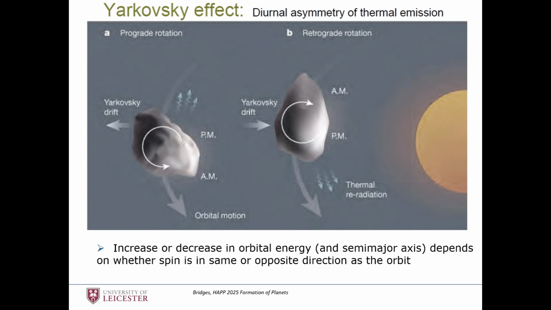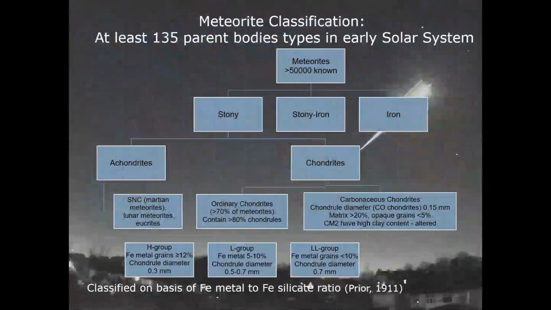Okay, so here's our classification tree. This has really been built up, and the UK has played a large part in this, through the 20th century. It goes back to someone called Prior in 1911. He recognized the importance of whether the iron was metallic, and if you hold that sample up, you'll see the shiny metallic material, and the iron which is oxidized in silicates.